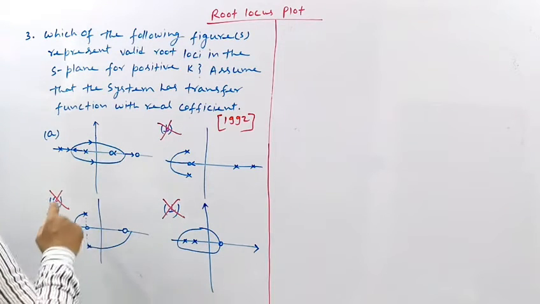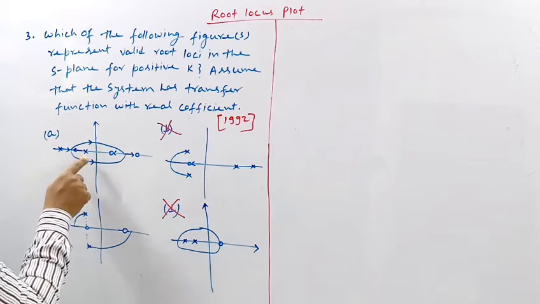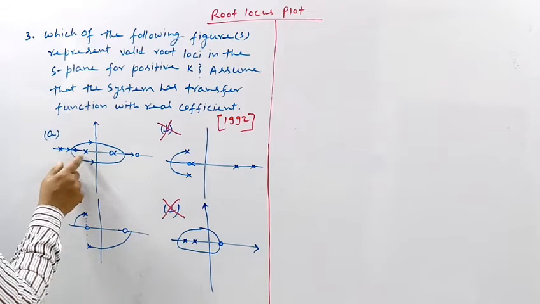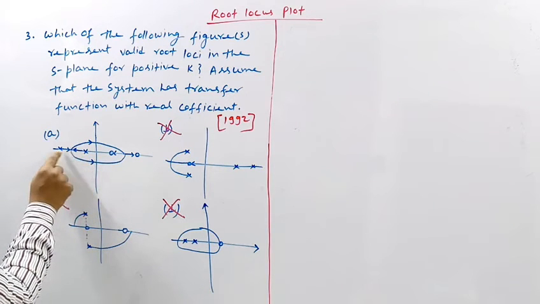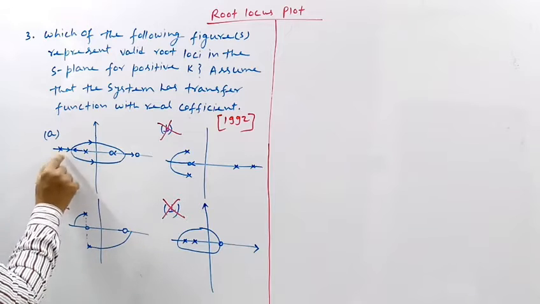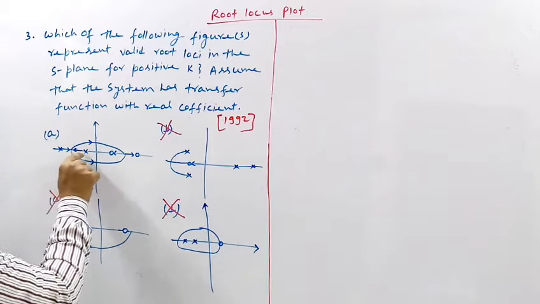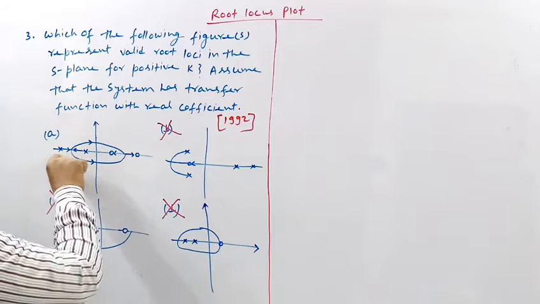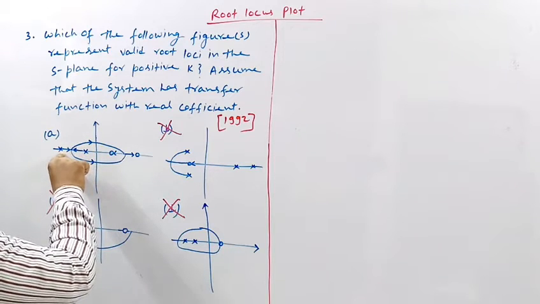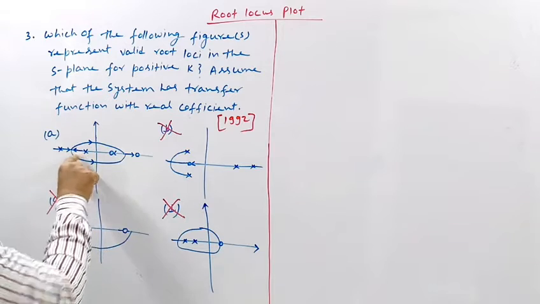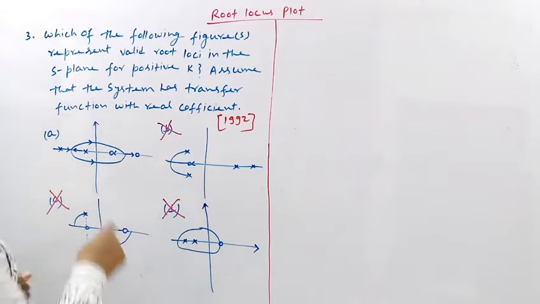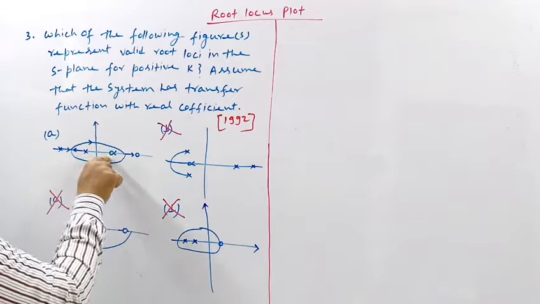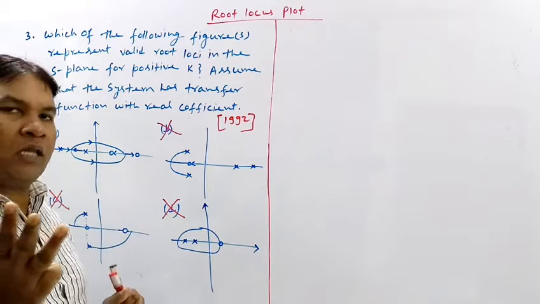Again, two branches. Let us check this part of the real axis. To the right of this part, the total number of poles and zeros is 1, 2, 3. So the total number of poles and zeros is 3 in number.